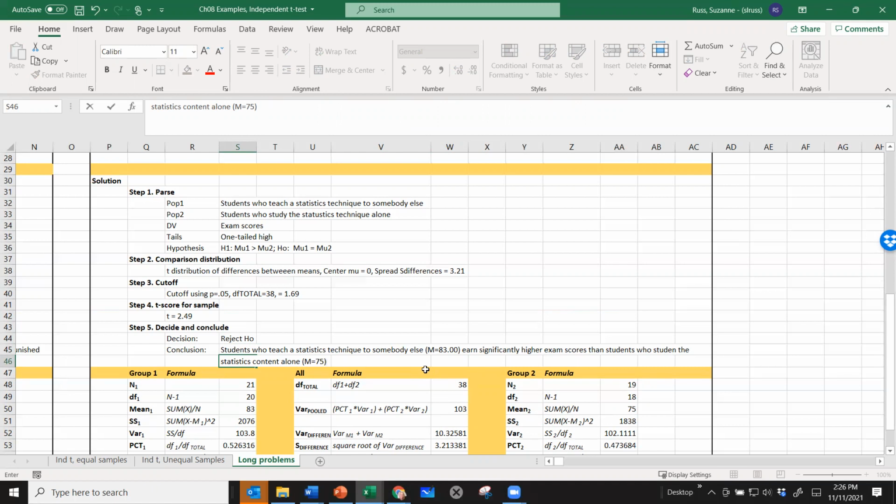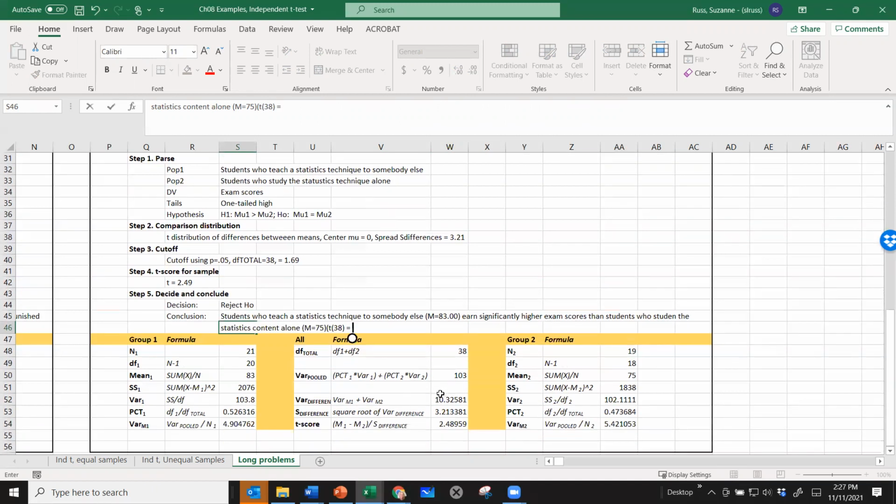I'll put an end parenthesis and then an opening parenthesis so I can put the statistics, and we'll put t, then degrees of freedom total, 38, equals, let's go down and see that t-score, 2.49. And that is significant. So we'll write p less than 0.05.